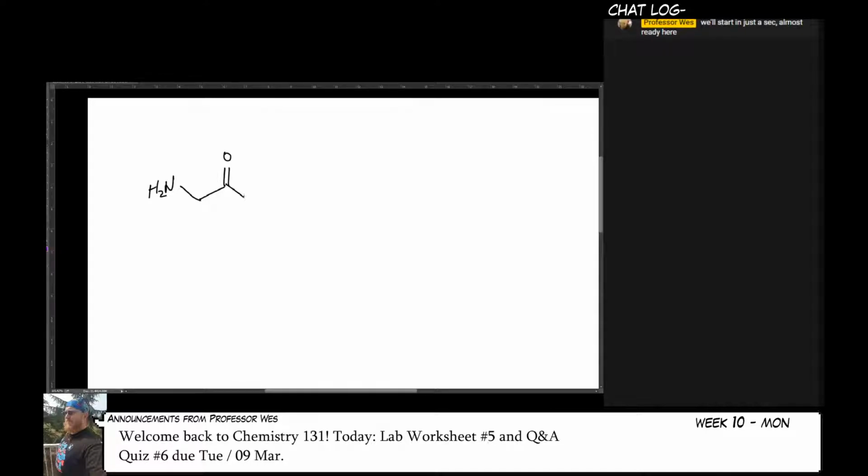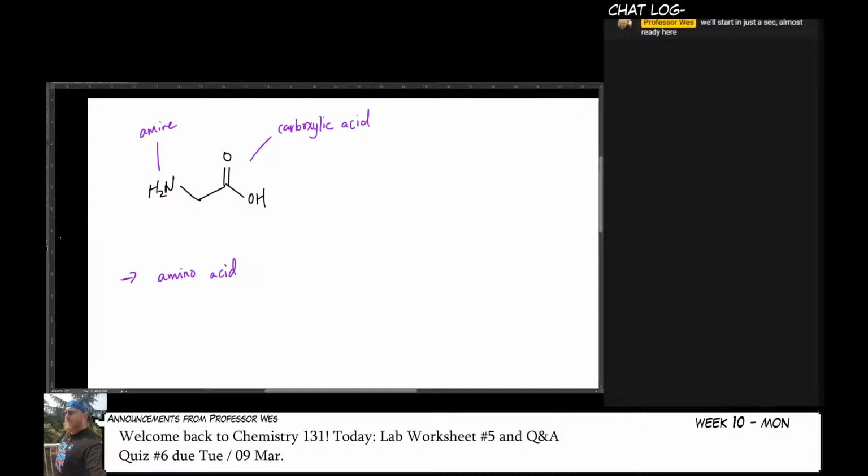And on the other side of our protein, we have a carboxylic acid. When I have a molecule that has these 2 things together, what we call it is an amino acid.